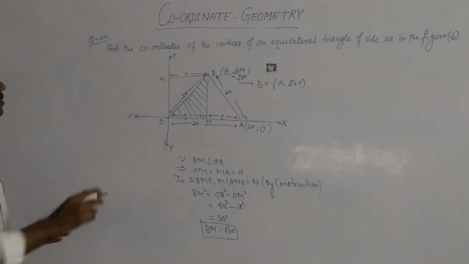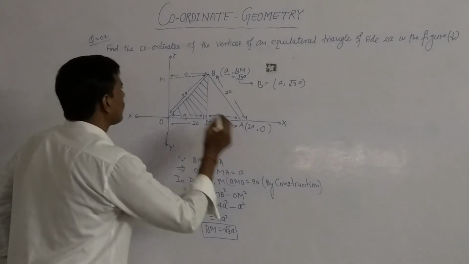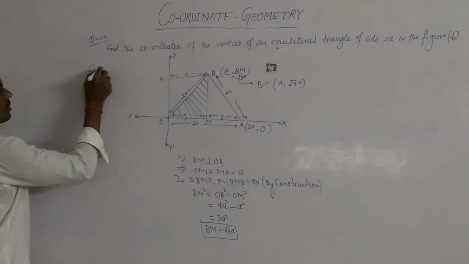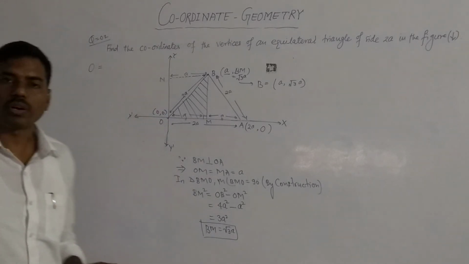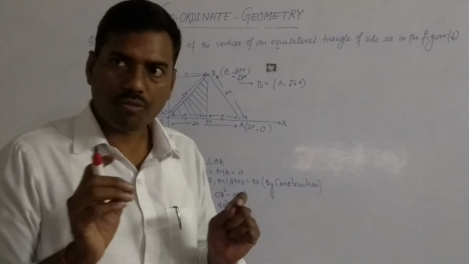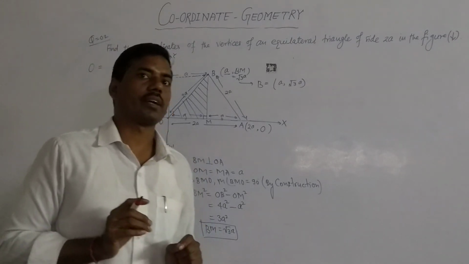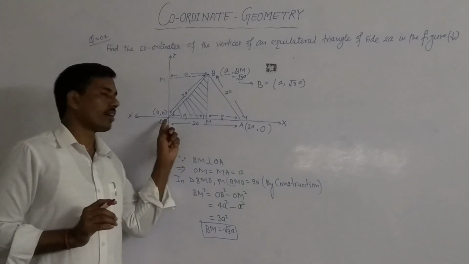So the vertices of triangle OAB are: O is (0, 0). Why? Because point O, the vertex of triangle OBA, lies on the origin.